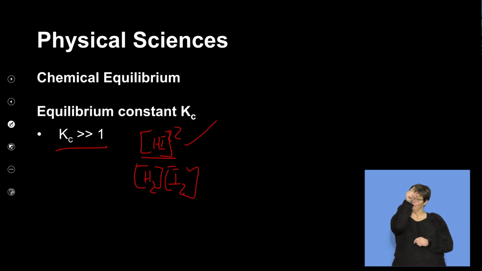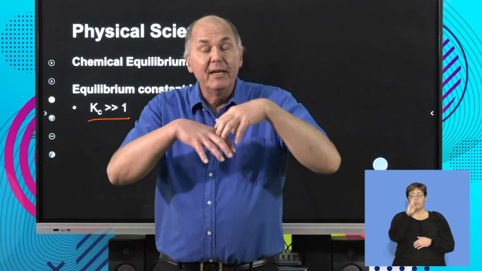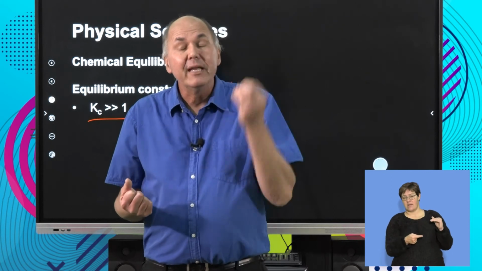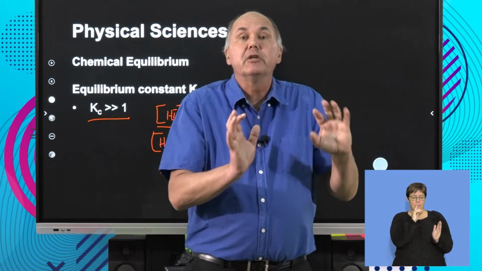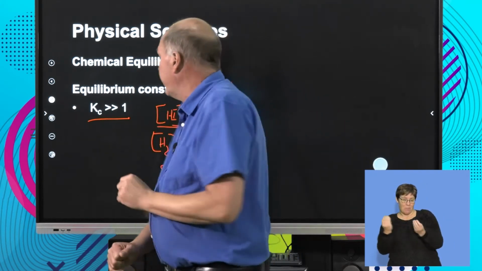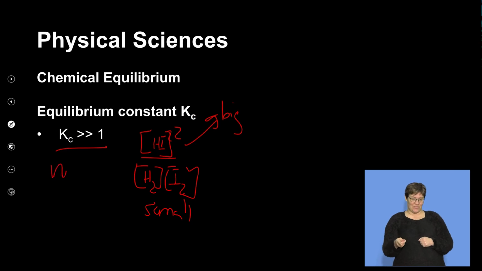It means that this is big. It's telling us this is small. So what does that mean in terms of the reaction? Well, remember the numbers at the bottom are the reactants. This is telling us that the position of the equilibrium is shifted so it's favoring products. So what this is telling us, there is more product.